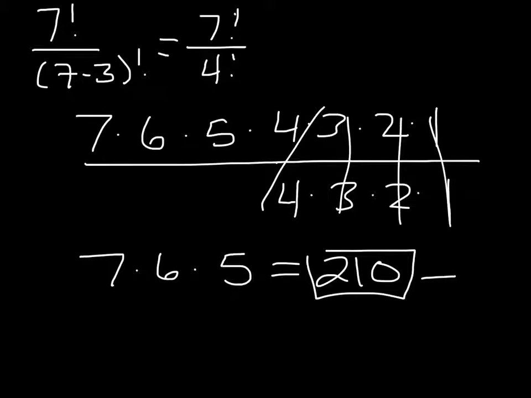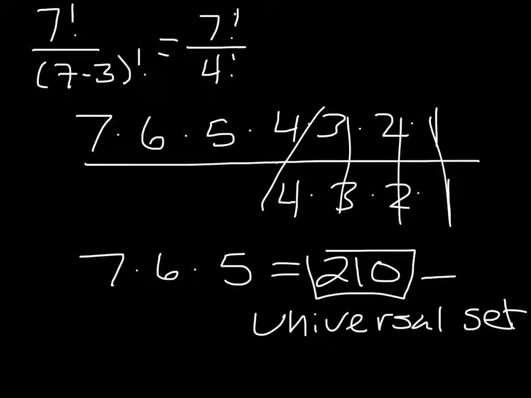Now we're not done, because that's just the universal set. I'm not sure if I spelled that right, but yeah, that's just the universal set. So now we need to look for the permutation for if the US would have won 3 medals in the event.